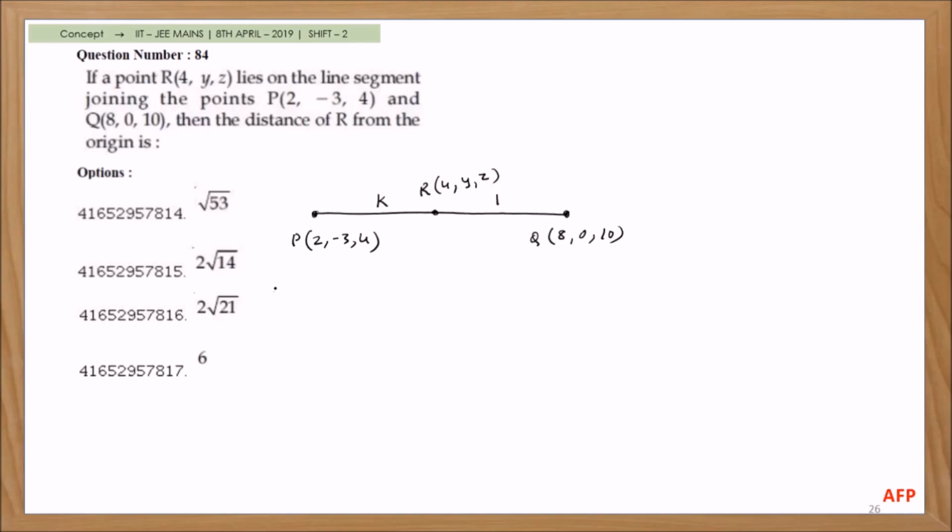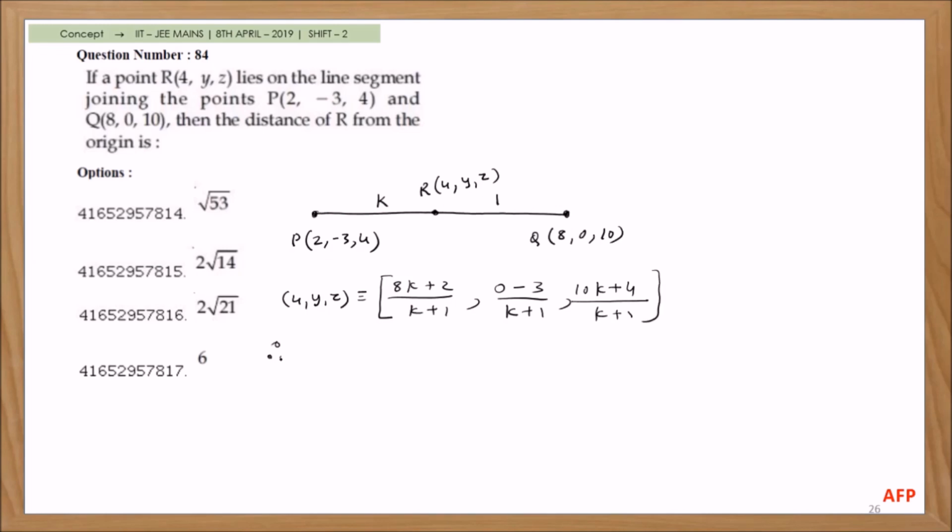By the section formula, (4, y, z) is equal to (8k plus 2) divided by (k plus 1); k into 0 is 0, 1 into minus 3 is minus 3, divided by k plus 1; k into 10 is 10k and 1 into 4 is plus 4, divided by k plus 1.